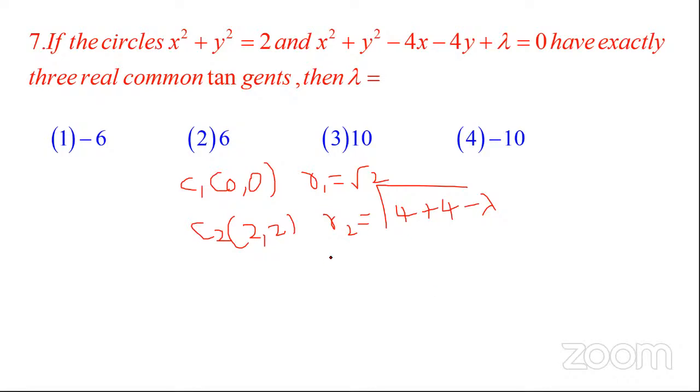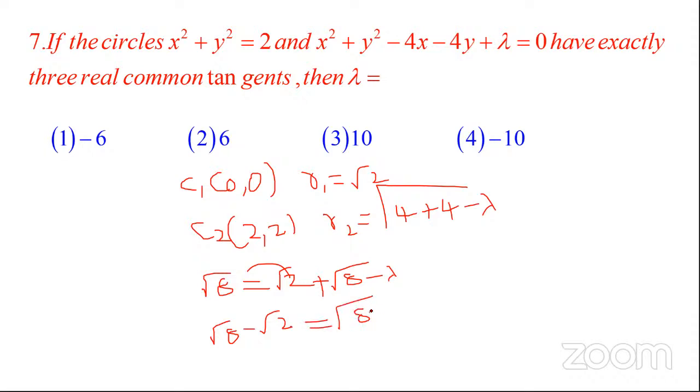From the condition, C1C2 is equal to R1 plus R2. So the distance between the two centers is root of 4 plus 4, root 8, equal to root 2 plus root of 8 minus lambda. Taking the root 2 to the left side, root 8 minus root 2 equals root of 8 minus lambda. Then squaring on both sides.